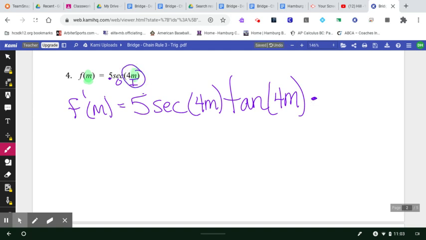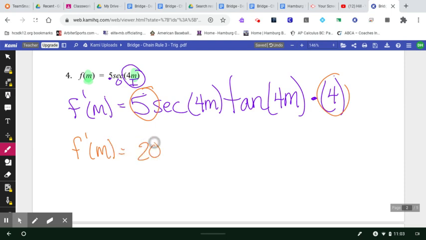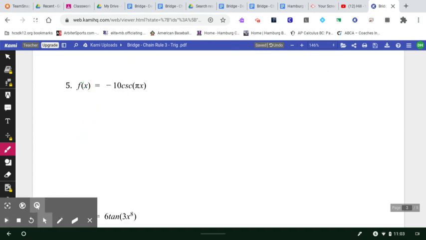If the inside is 4m, that's linear, its derivative is just 4. And again, nothing can go into the ofs, so I can multiply these terms together. So f prime of m is equal to 20 secant of 4m tangent of 4m. And just to be clear, there's no GCF I can pull out because there's no plus or minus sign, and nothing can go in or out of the of, so you really can't touch those at all.